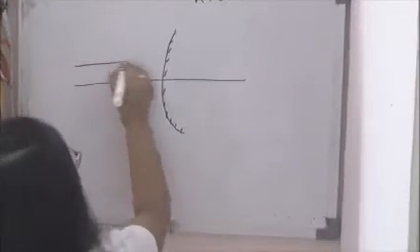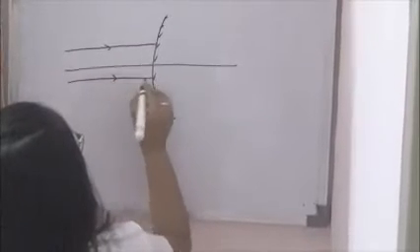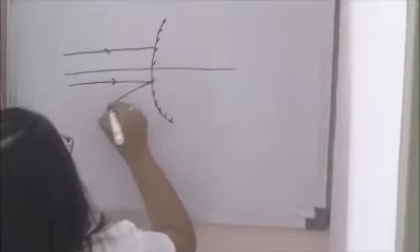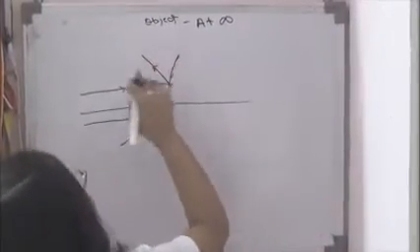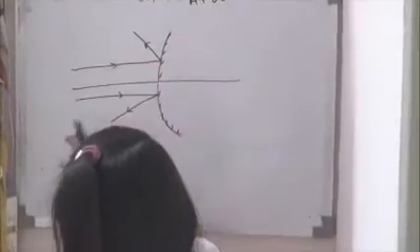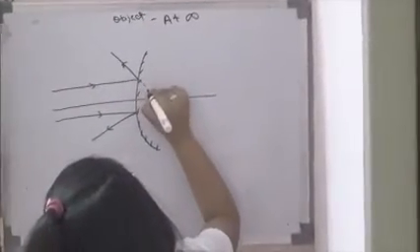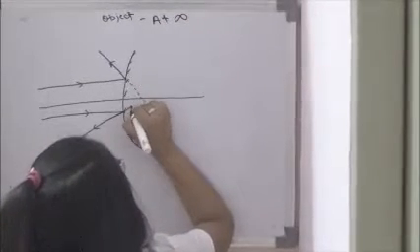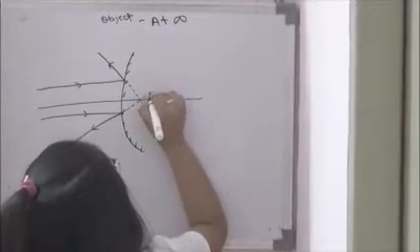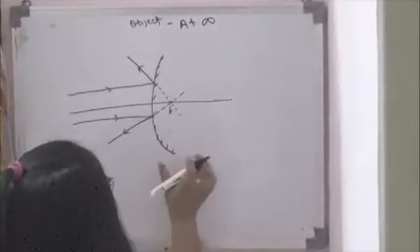Now, if this is a parallel beam of light, and these incident rays are incident on the mirror surface, then the reflected rays go in this direction. But if we extend the reflected rays backwards, then they appear to meet on the principal focus.